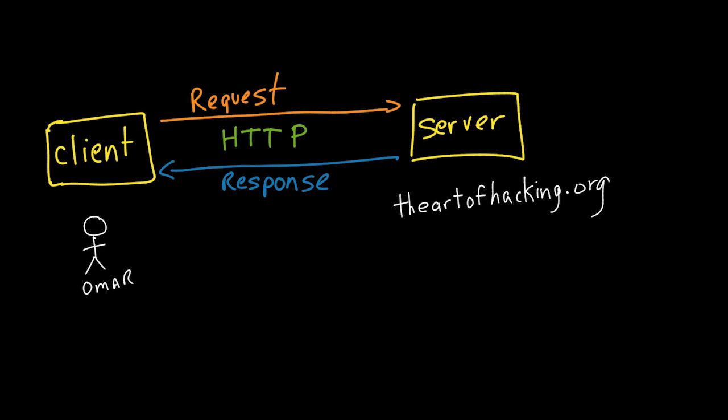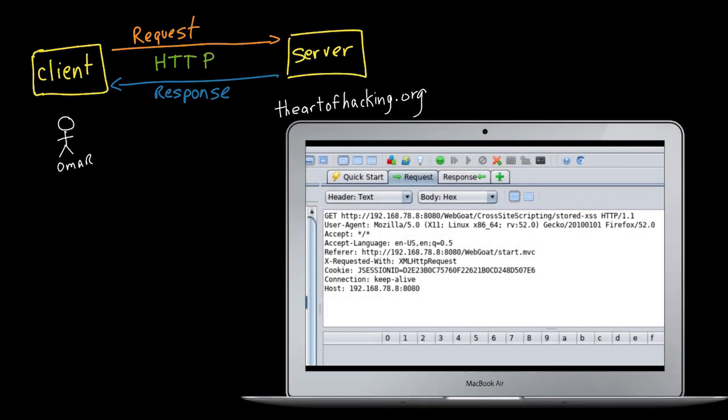Now, the structure of these request and response messages contain message headers, message bodies, and some other components as well. HTTP is a very simple protocol, which is a good thing and also a bad thing. There are some limitations in HTTP, but its simplicity makes it very attractive for many different implementations.